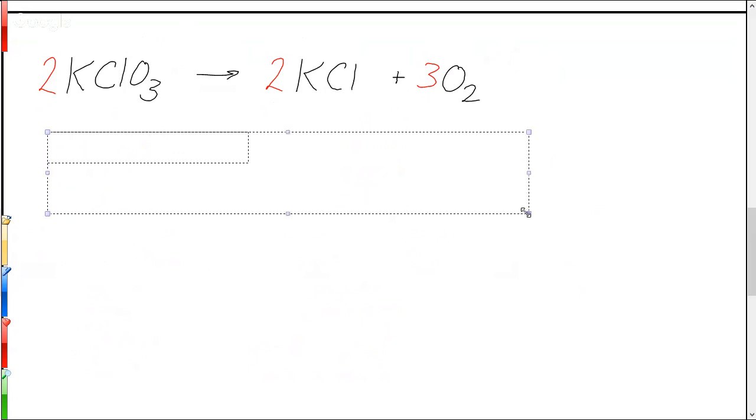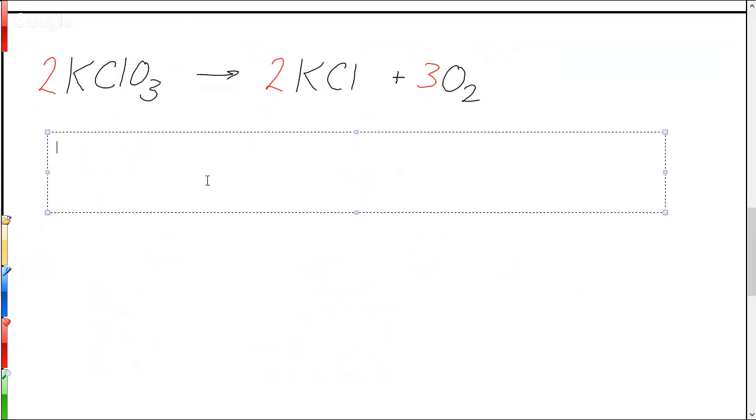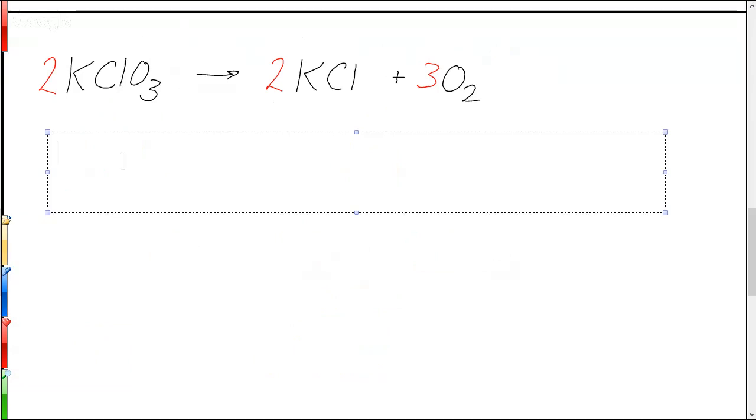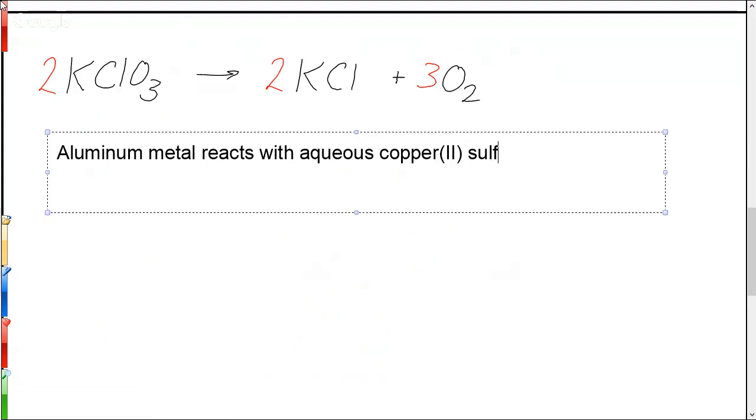So another way that we want to be able to write chemical equations is from words. I can write a chemical equation in a sentence like: aluminum metal reacts with aqueous copper(II) sulfate to form aluminum sulfate.